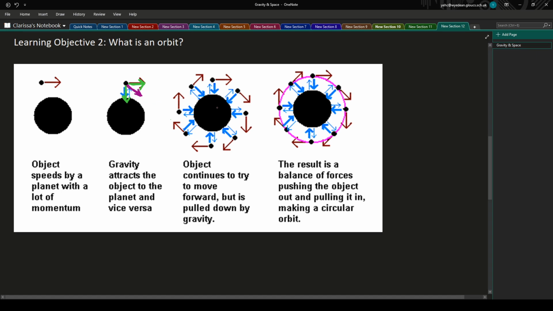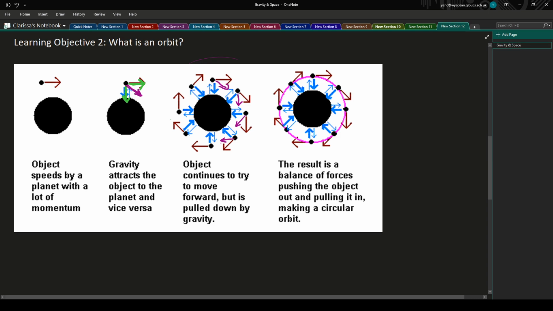And then this keeps happening. On this third diagram here, I try to show you that this keeps happening. So it goes this way, and then once again in between gravity and its horizontal motion, this way, this way, this way.